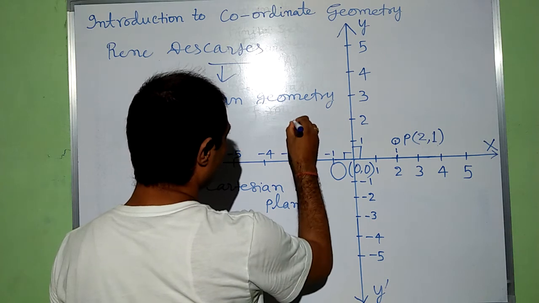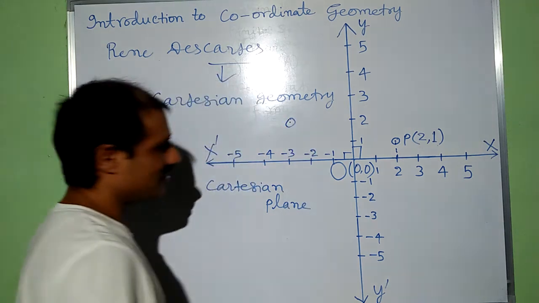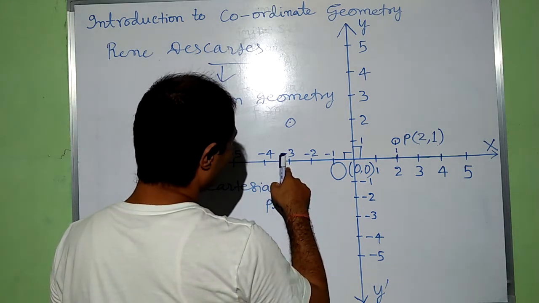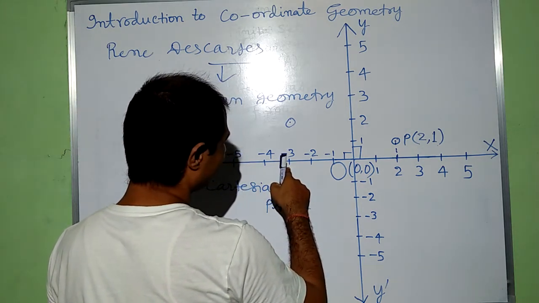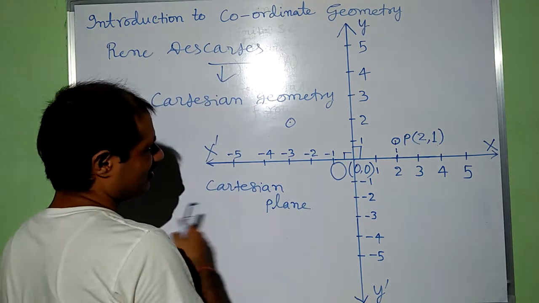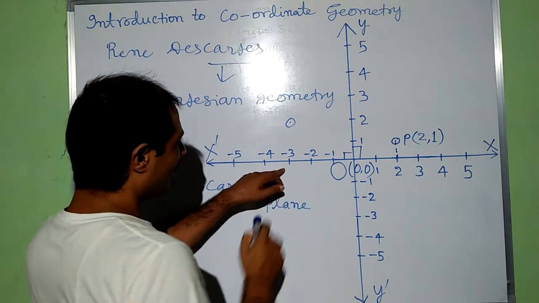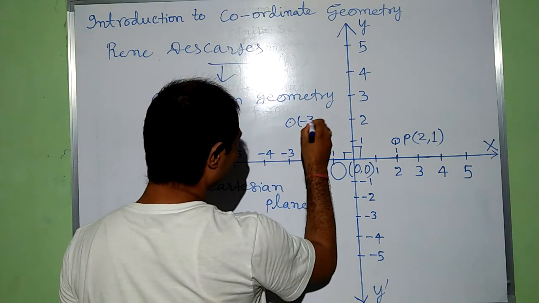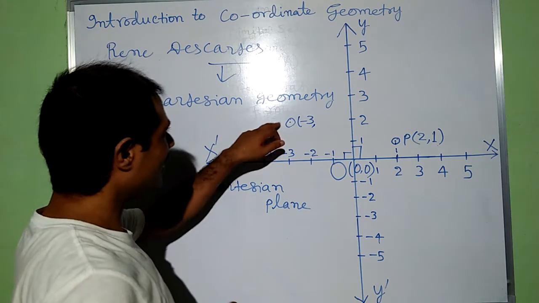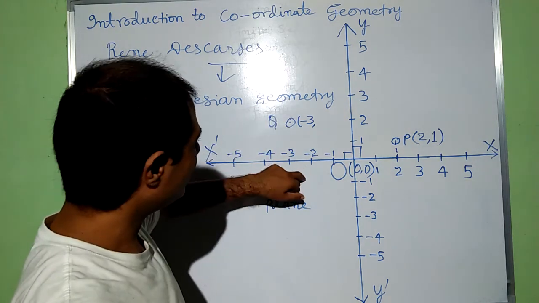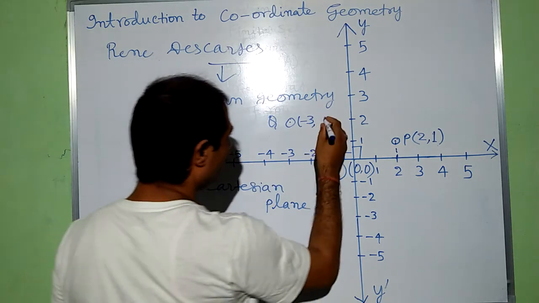Suppose this point: the first element will be the x-coordinate. This is -3, its distance along the x-axis is -3, and the distance of this point Q along the y-axis is 2.